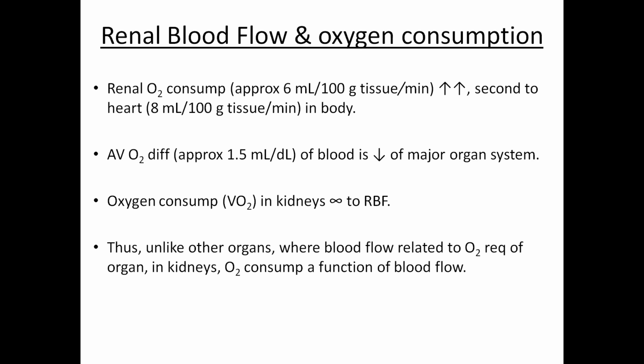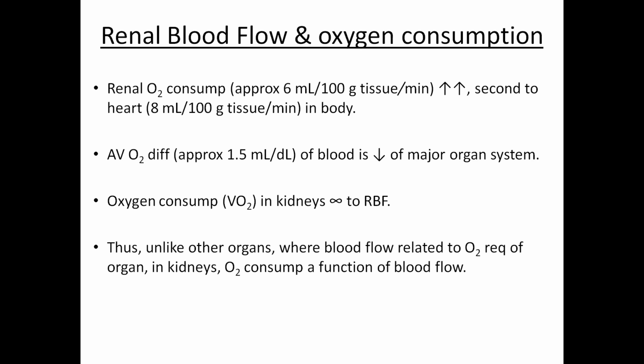And the arteriovenous oxygen difference, which is approximately 1.5 ml of blood, is the smallest of any major organ system. So the oxygen consumption is very high, but the AV oxygen difference is one of the smallest of any major organ system.